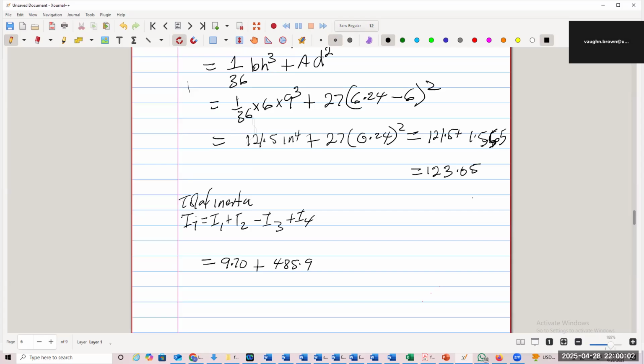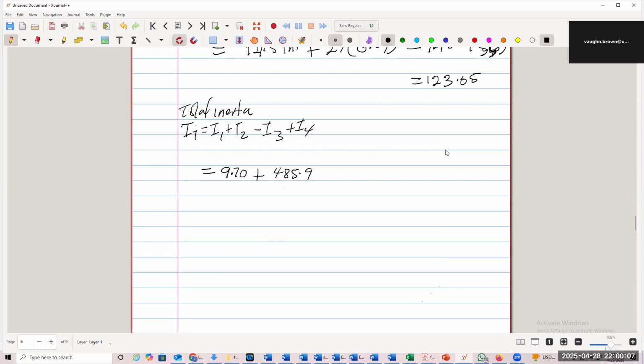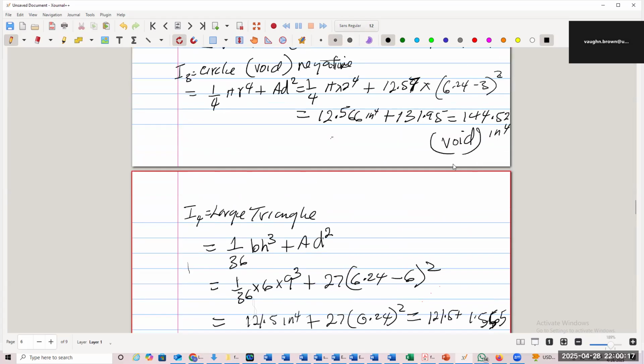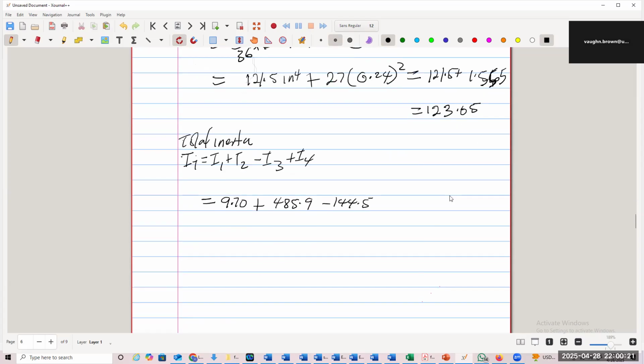And then the circle was 144.5, minus. So you have to concentrate here, guys. Please concentrate. Put void beside it just to remind you. And then the last one is 123 positive.